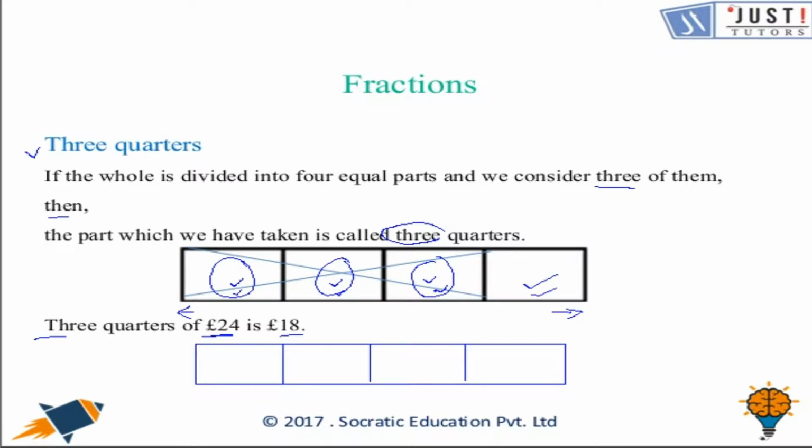Now think of a number which can go inside each one of these boxes so that the total will be 24 pounds. Yes, you're right. That would be 6 pounds each.